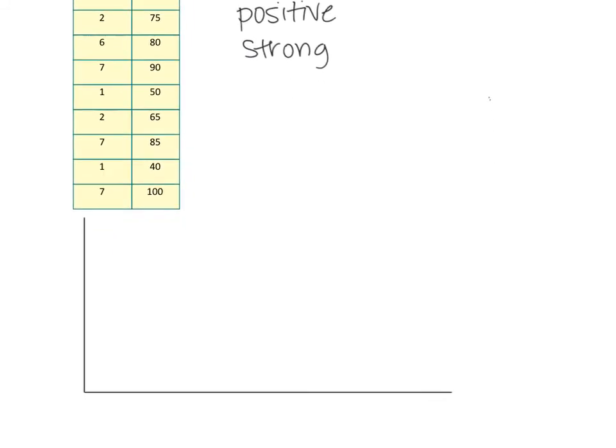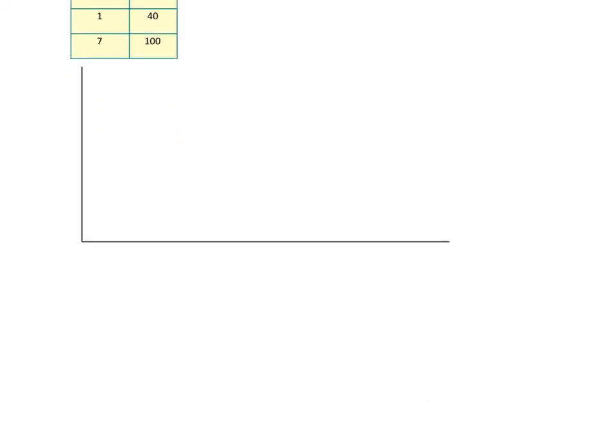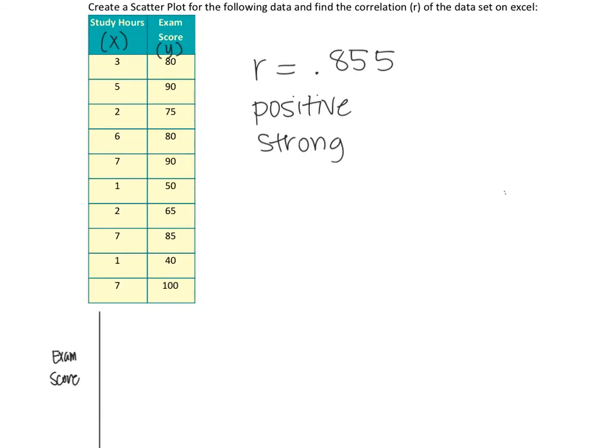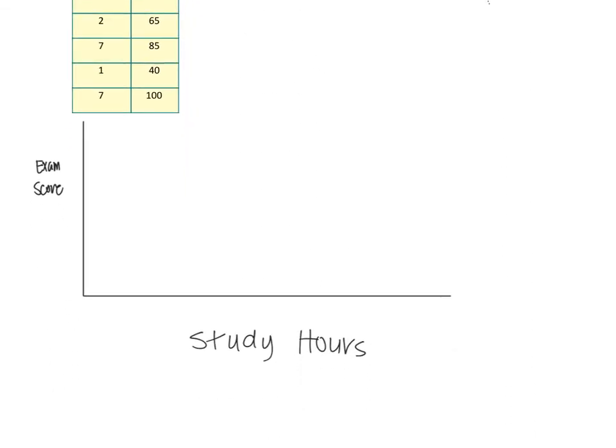So if I'm going to go down here to my scatter plot, I know my explanatory is my study hours, and my response is my exam score. So along the bottom here, if I'm looking at study hours, it looks like I range from 1 to 7.